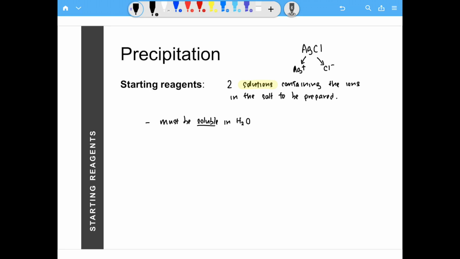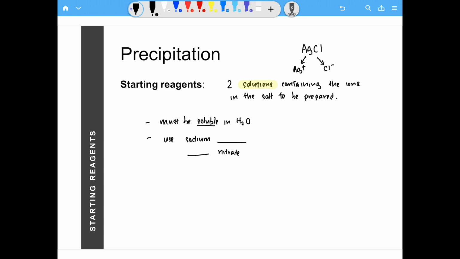Now if there are no restrictions given in the question, meaning the question didn't state that you need to start with a particular reagent, always use the sodium something and something nitrate. Why do we always use them? Because all sodium salts are soluble and all nitrate salts are soluble, so we know for sure that they are soluble in water.